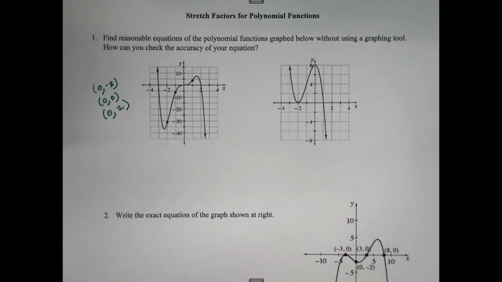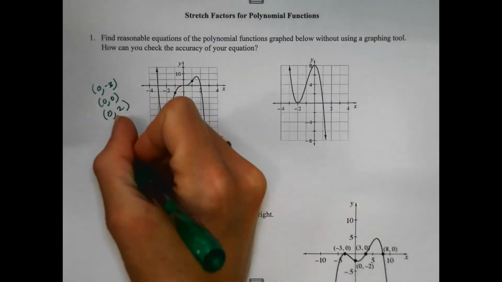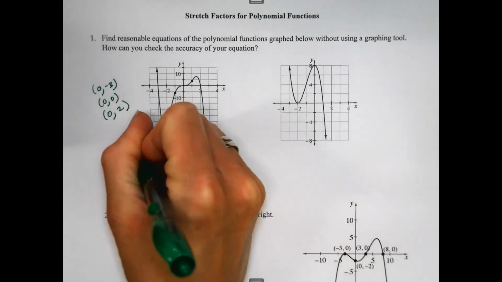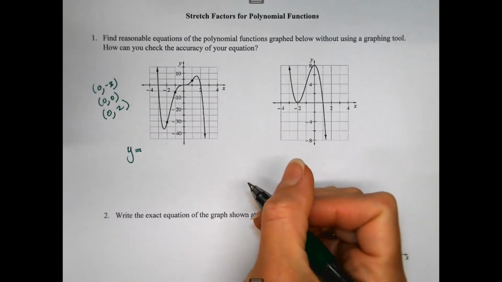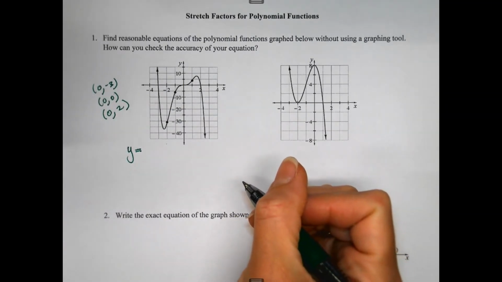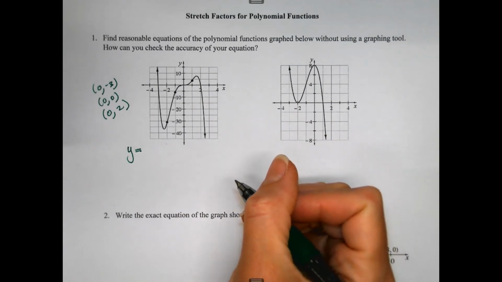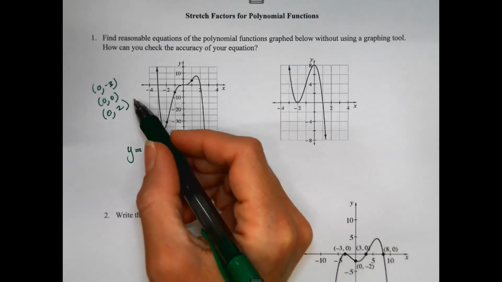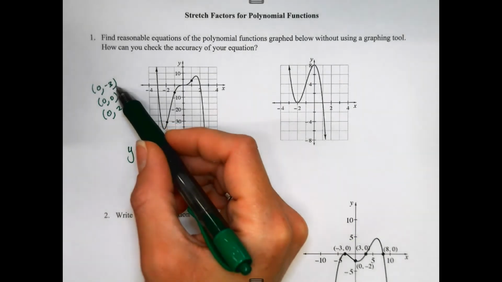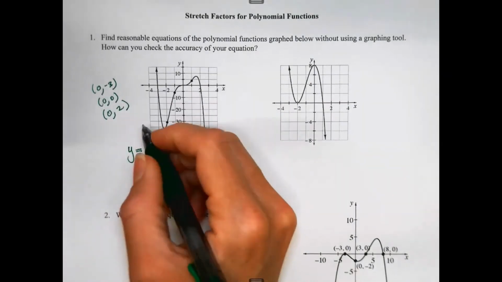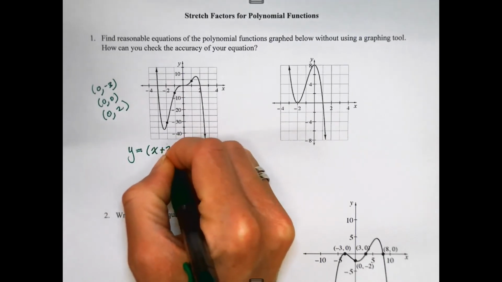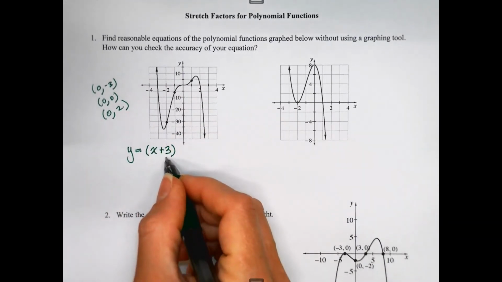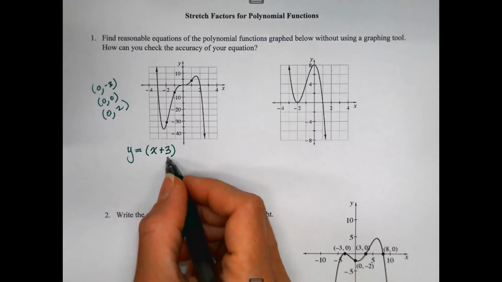Using those intercepts, we said that we would write our equation y is equal to, and we start writing out our intercepts, or what we call our linear factors. The linear factor for -3 would be x plus 3, because if we set that equal to 0 and solved it, we would get -3.